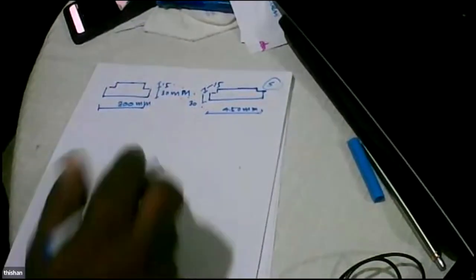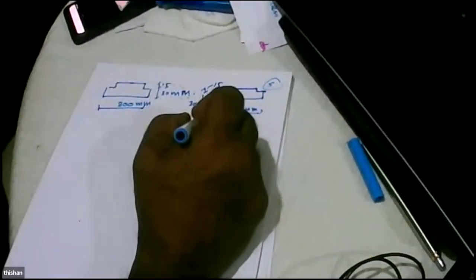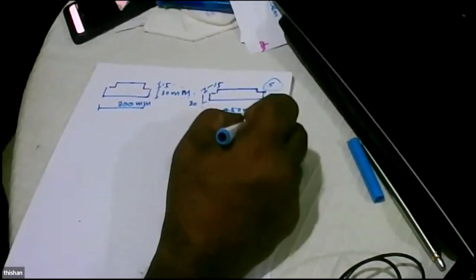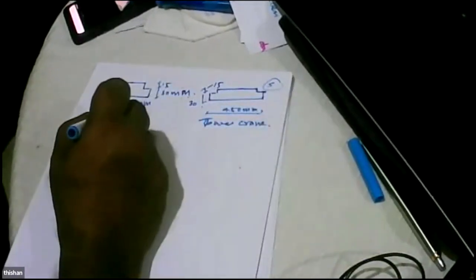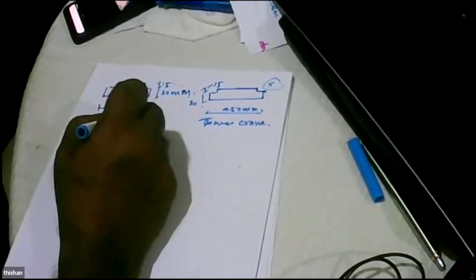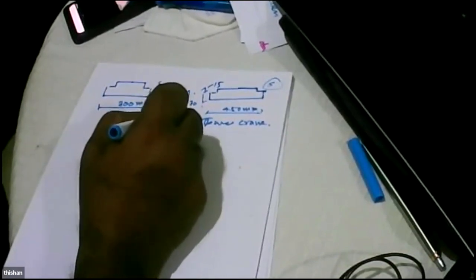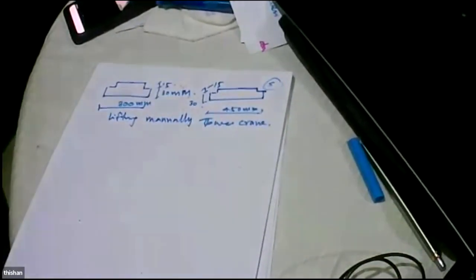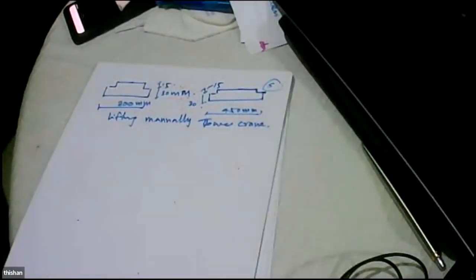So those are two options. These are for when you have a tower crane. Then here is when you are lifting manually. Is that clear, Bandhuka? Yes, sir. That is clear.